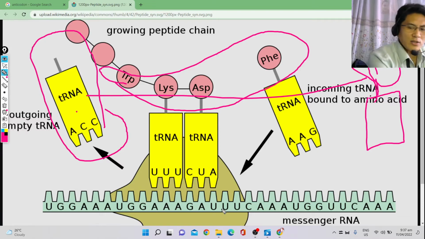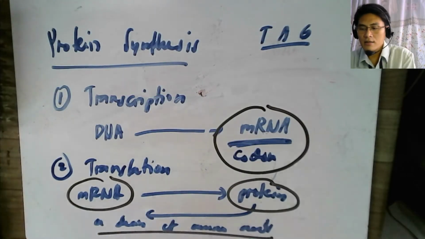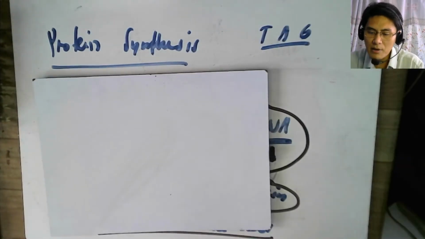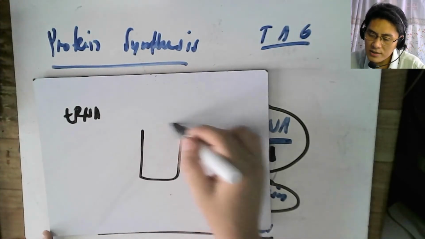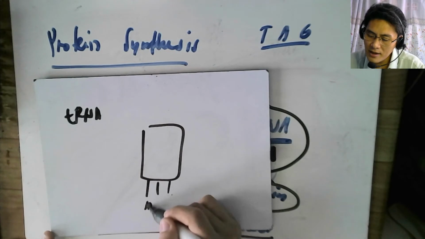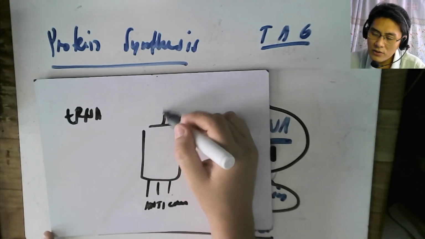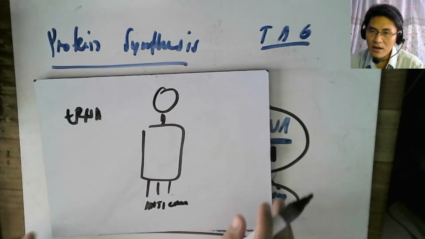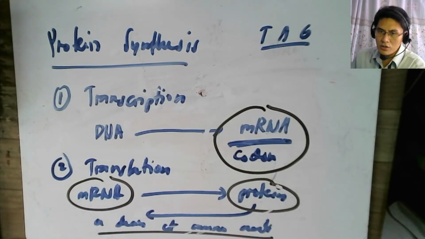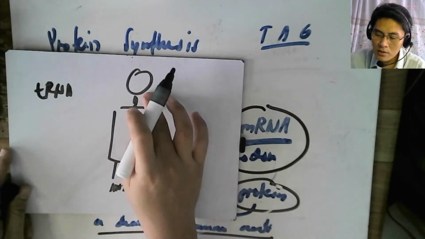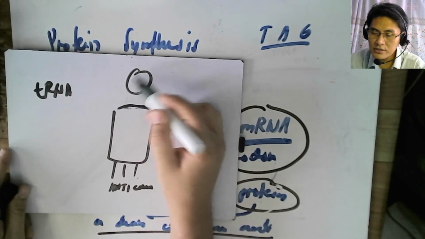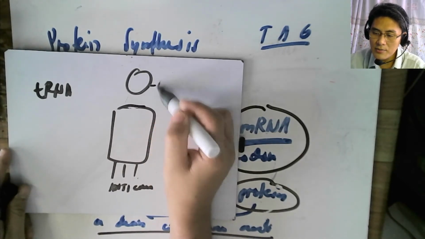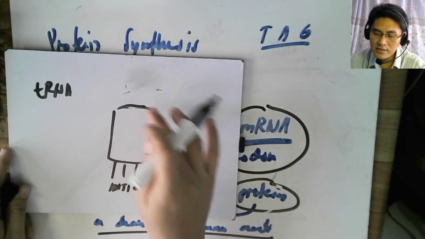Okay? So I want you to get that idea, because again, study hard, not smart. Why is it called tRNA? Because the function of the tRNA is to have anticodons here, and then to have an amino acid. What it does is it goes to the ribosome, it detaches its amino acid so that the amino acid can be chained. And then once it has no amino acid, guess what?